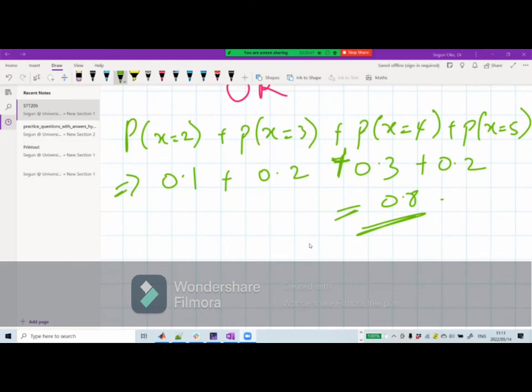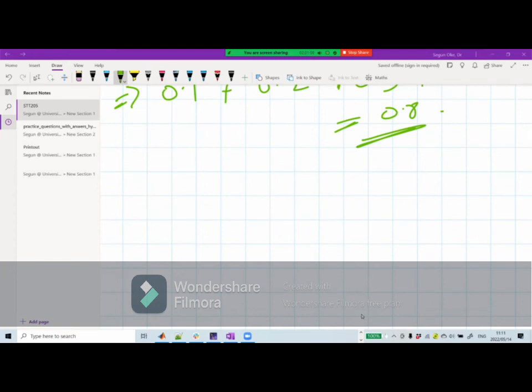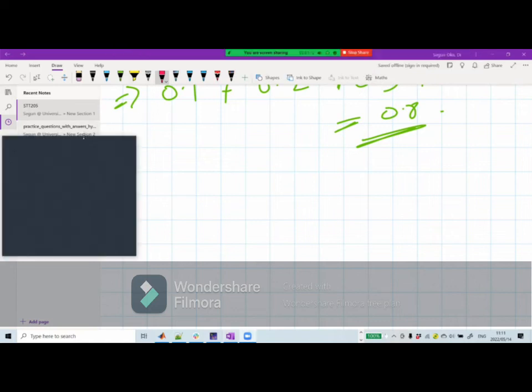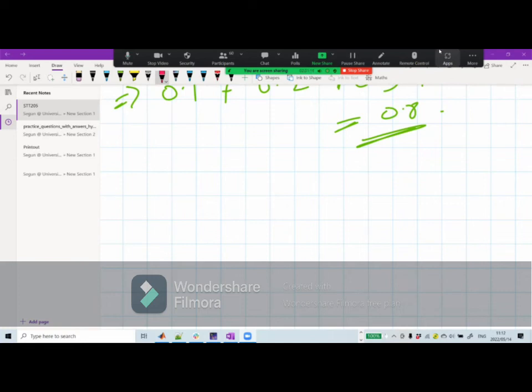Last but not the least, still on the same table, I will use the same table for the expected value. If you've seen the expected value question before, it's there in your notes. So for the expected value, how do they do it?